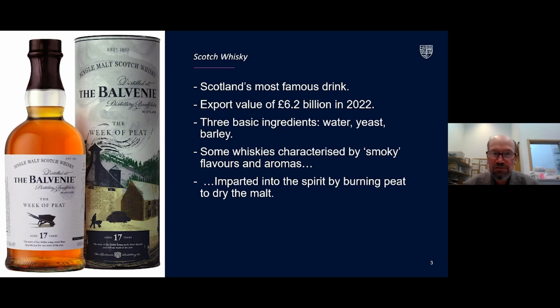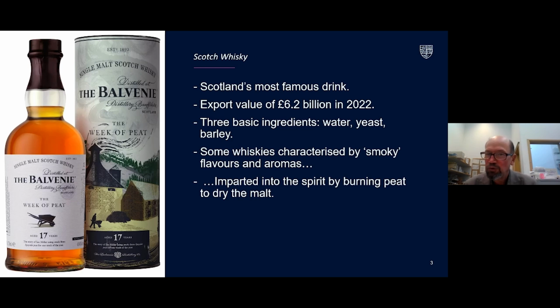It's a very traditional spirit. It has only 3 basic ingredients: water, yeast, and barley. And those ingredients and the processes by which whisky is made are very tightly regulated by the Scotch Whisky Association here in Scotland. And therefore there isn't an awful lot of wriggle room in terms of how you actually make whisky. It's very prescribed and very traditional.